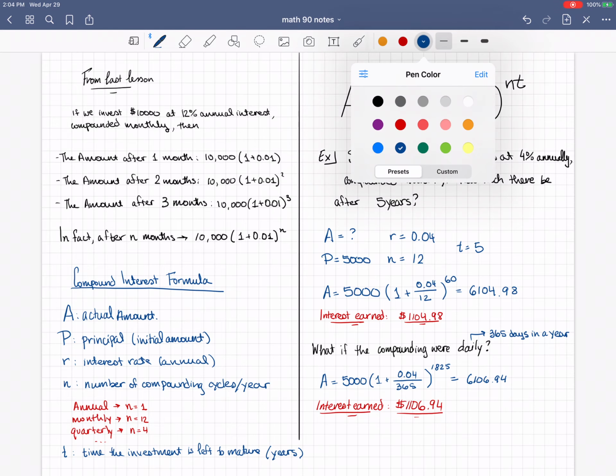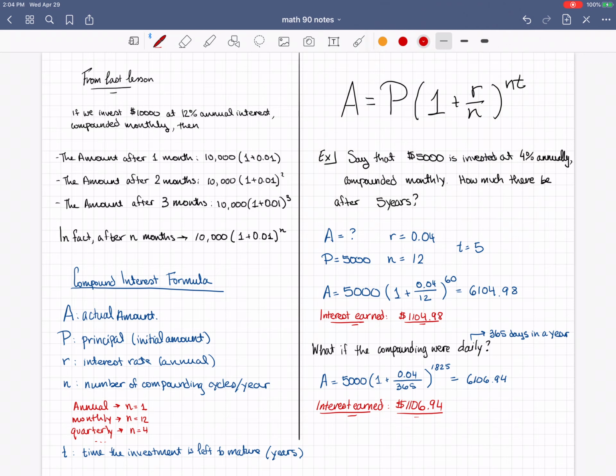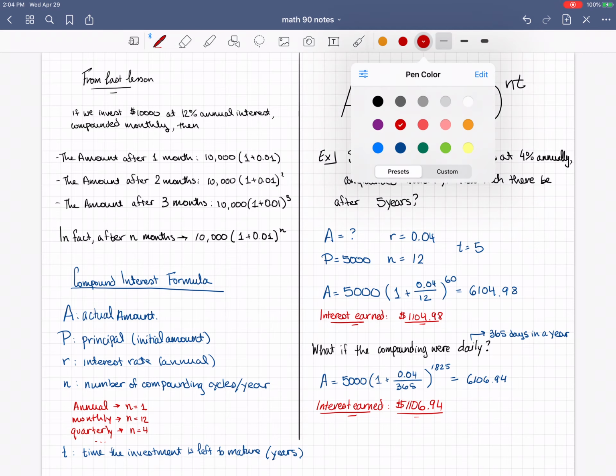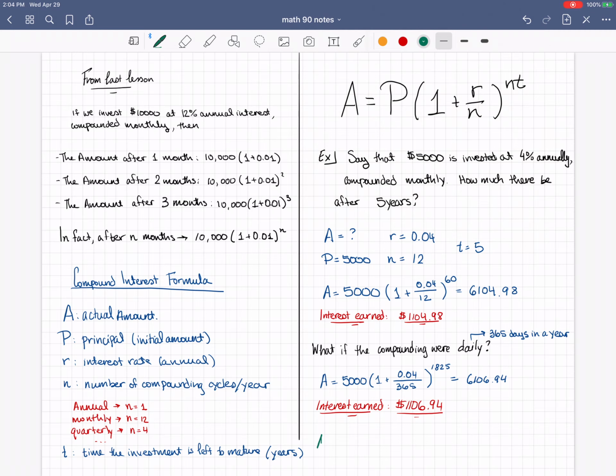I want to do one last thing here, just kind of to keep this on our minds. Note, if the interest had been simple, so I'm just going to look at the interest formula. Interest is principal times rate times time, right?